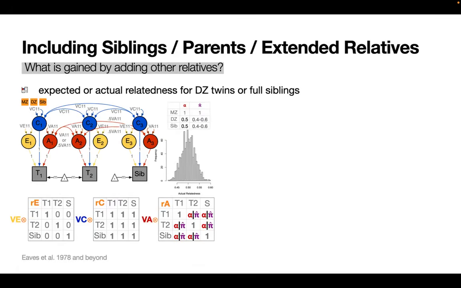Of course, we can then again use either the expected relatedness for full siblings, which is 0.5, similar to DZ twins, or if we have genotypic data, obviously there would be a distribution of this pi hat around 0.5 that we could also include in our analyses to get more precision of the estimate of the genetic variance or the heritability.